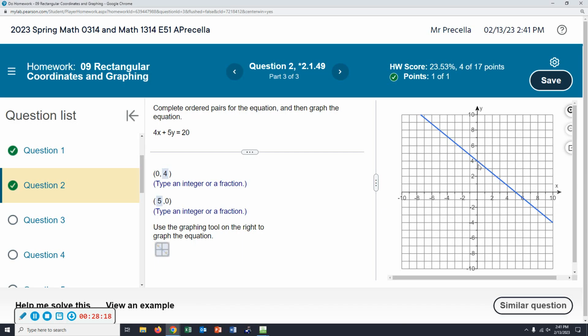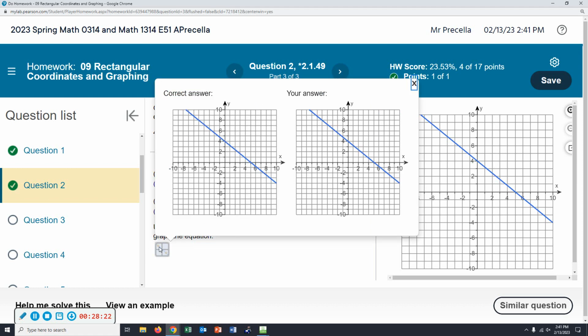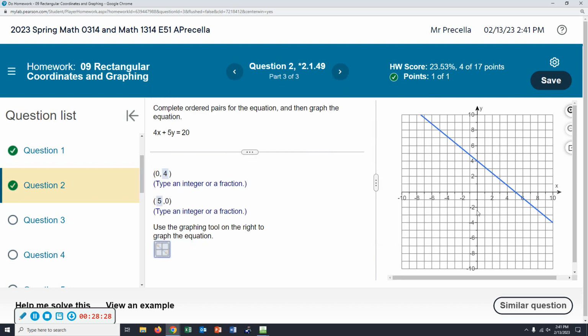Like right here, over 0, up 4. What would y'all call that point there? The x-intercept or the y-intercept? The y-intercept. Like right here, that other point 5, 0, that is the x-intercept.